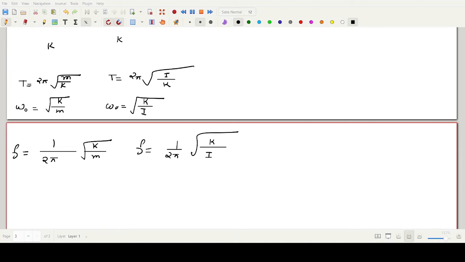So no question. Okay, now let me ask you one question. Have you understood the word twisting here? What gets twisted here? Sir, continuous displacement, is it? Not really.